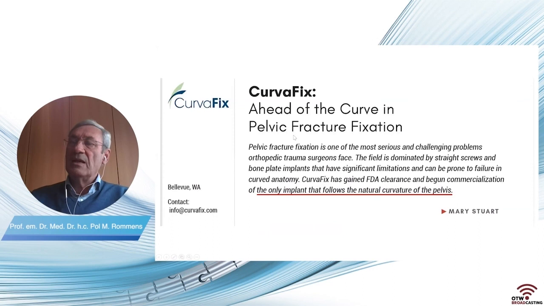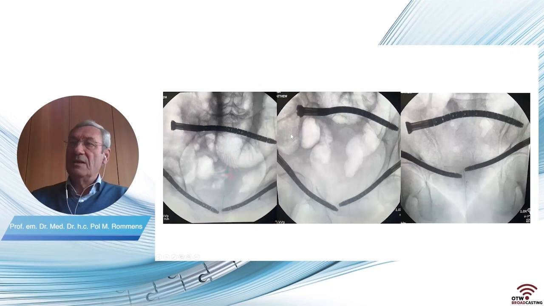And that, I think, is the place where Cubafix comes in and has a big advantage. It's the only implant that follows the natural curvature of the pelvis. I think all of you will know that the implant just takes the natural curve of the posterior and also the anterior pelvis.